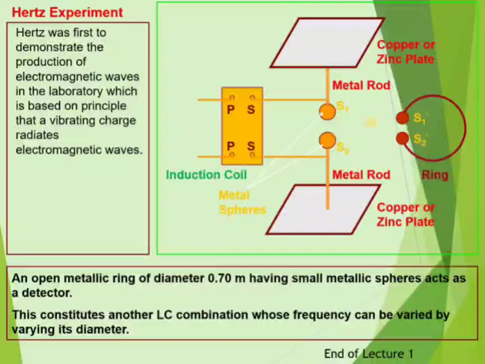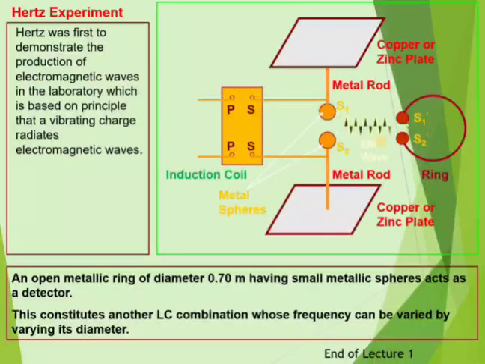The electrons and ions produced oscillate back and forth across the gap S1 and S2, and oscillating discharge of the plates occurs through the gap. This process results in the production of electromagnetic waves. You can see electromagnetic waves are generated. The frequency of the electromagnetic waves is given by nu equals 1 upon 2 pi under root LC.